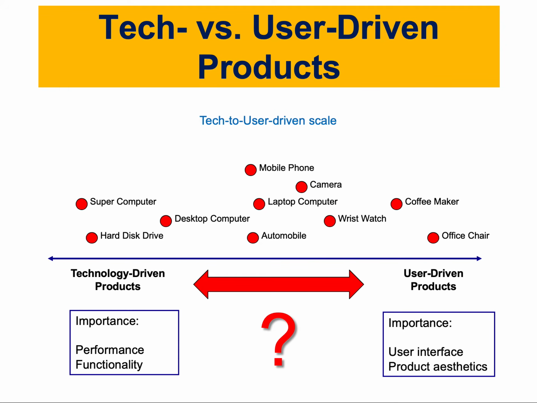So it's just the technology, how the technology is performing, and the technical capabilities of the product. Hard disk drives are about how much capacity they can store and also their size, all about performance. When it comes to technology driven products, that's performance and functionality.